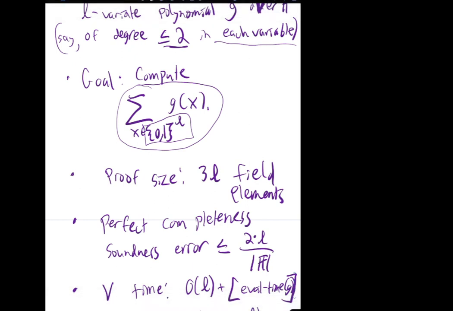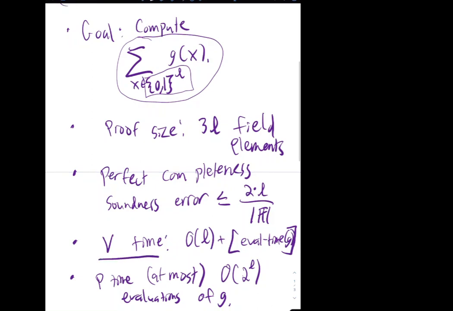And the verifier doesn't want to do the hard work of computing that sum itself. So the sum check protocol allows the verifier to force the prover to do the hard work for it. The verifier's time in the protocol is order L, where L is the number of variables, plus the time to evaluate G at a single point.